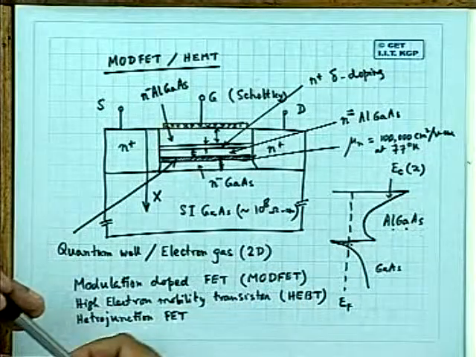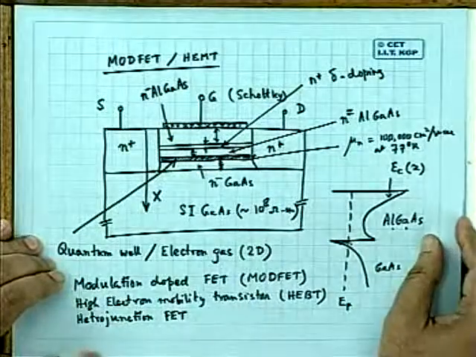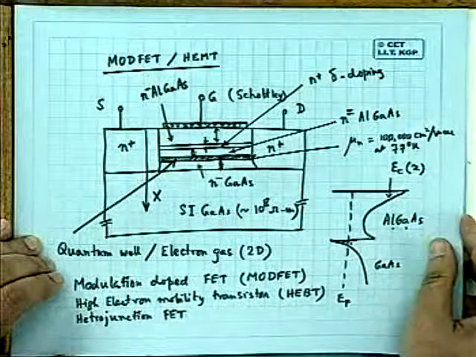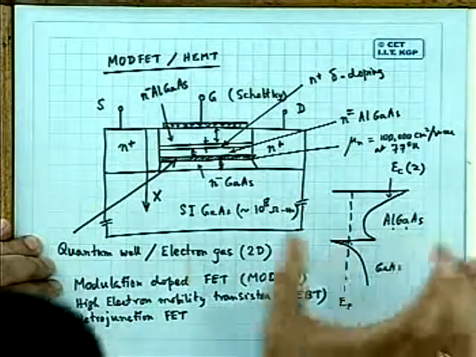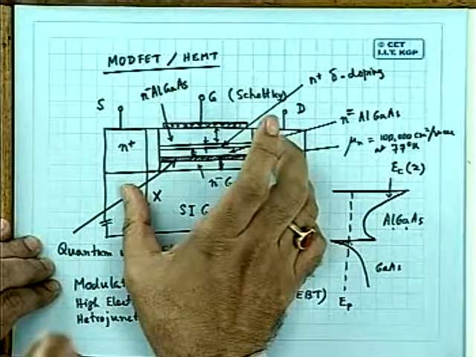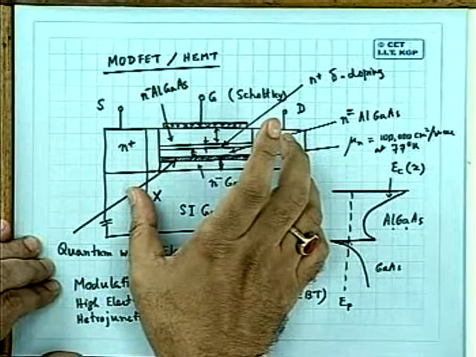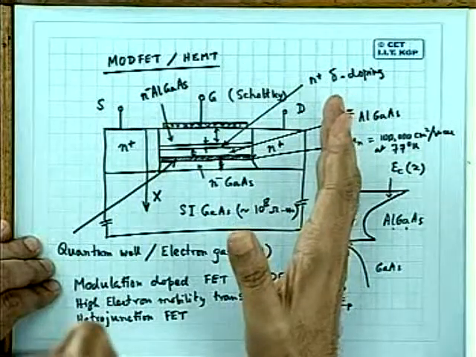So you can create electrons moving at a fantastically high speed, and therefore what is going to happen? You are going to get a MOSFET with a very high value of transconductance or gain as well as speed, because the channel resistance is very, very small.